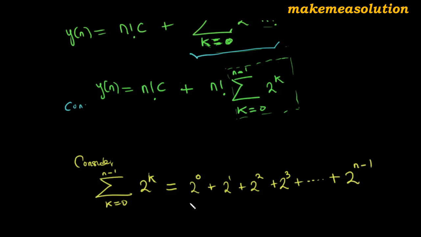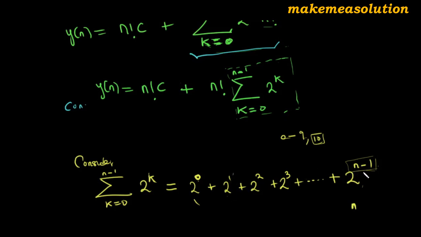If I ask you how many terms are between here and here, someone will immediately shout n minus 1 terms. But if I ask you how many terms are between 0 and 9 inclusive, someone might shout 9 terms, but there are actually 10 terms. So anytime we start from 0 and the upper bound of our counting is n minus 1, the total number of terms is actually n.